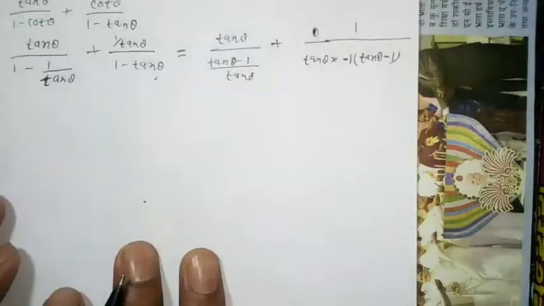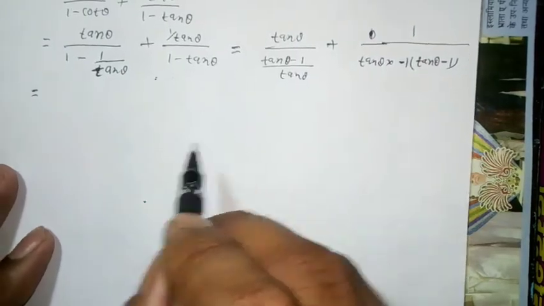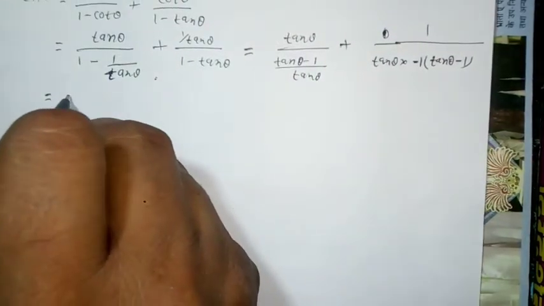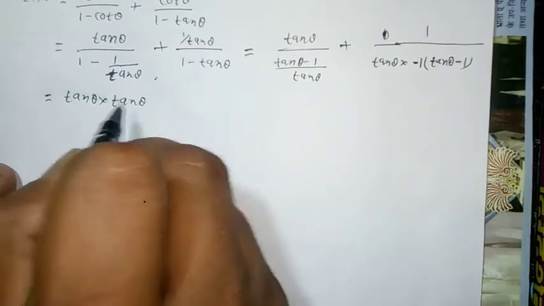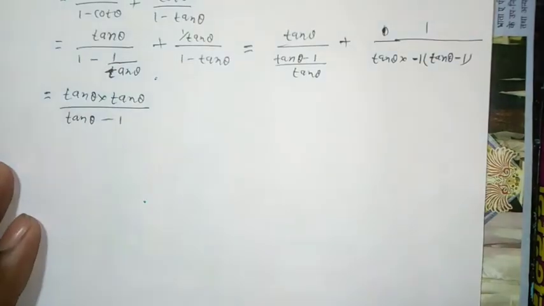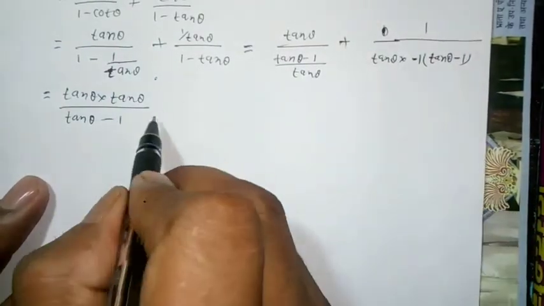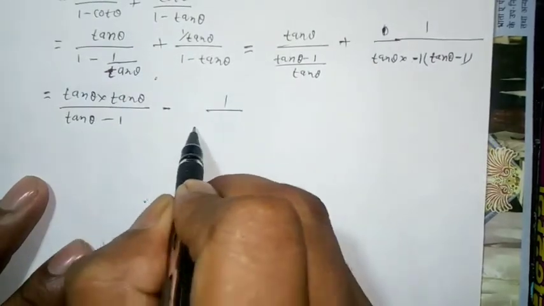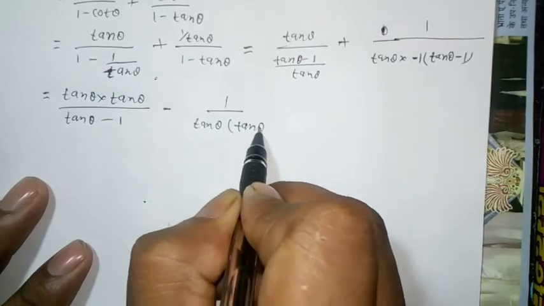Is equal to tan theta goes in the numerator, then tan theta into tan theta by tan theta minus 1, plus minus minus 1 by tan theta into tan theta minus 1.